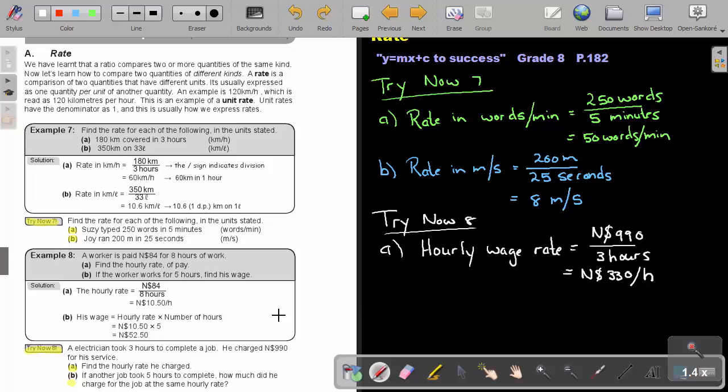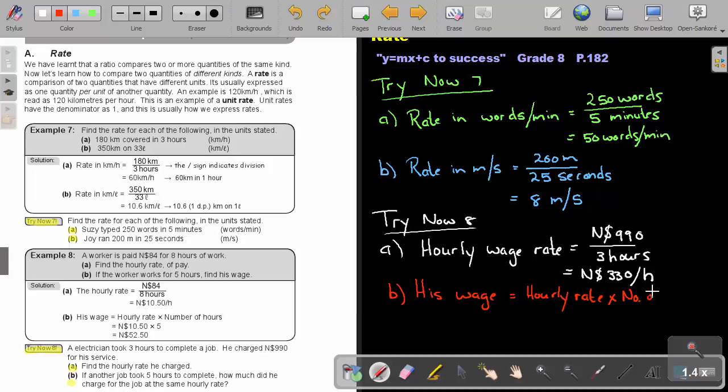Okay. And then if I look at number B, if another job took 5 hours to complete, how much did he charge for the job at the same hourly rate? So basically, his wage will just be the hourly rate, which is this 330 per hour, times the number of hours.